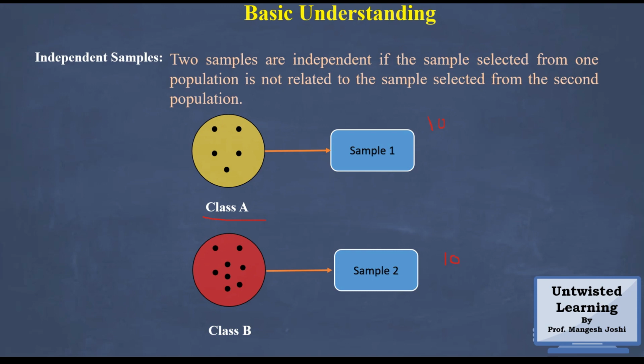You are drawing sample 1 from class A and sample 2 from class B, which are both independent. That's why these samples are called independent samples.